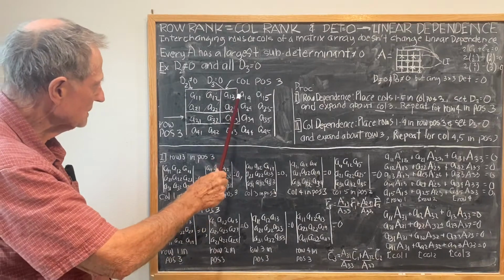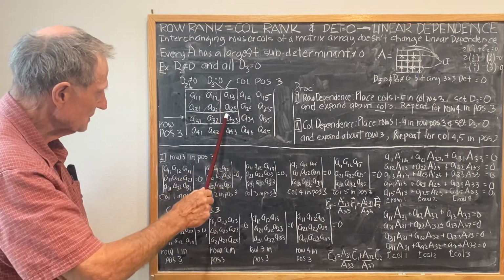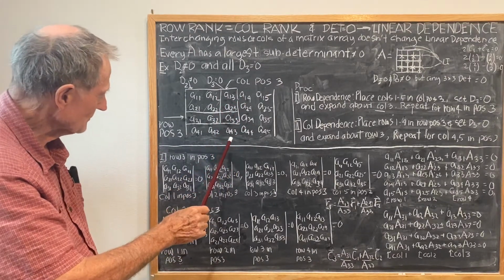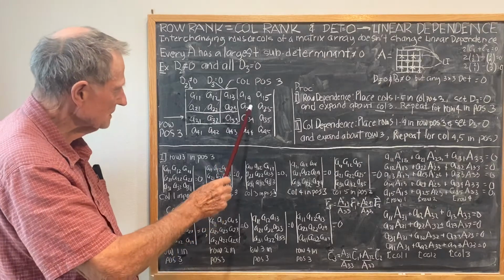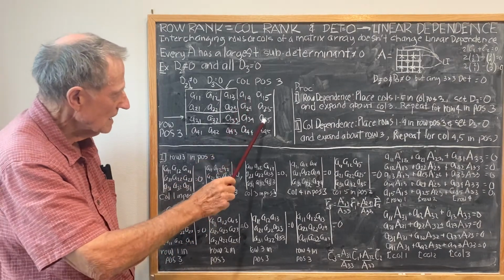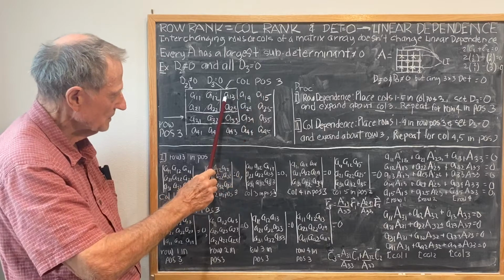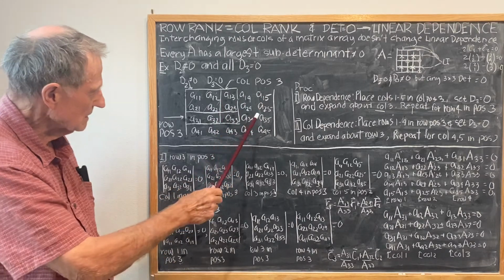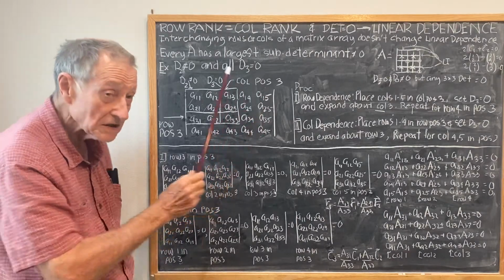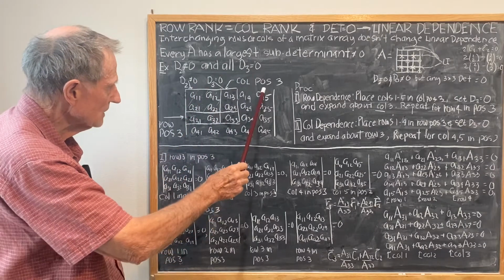Now, if I replace this column in this position, I will get that A34 is a linear combination of A24 and A14, and the same for this column in that position. It gives A35 as the same linear combination of A25 and A15.